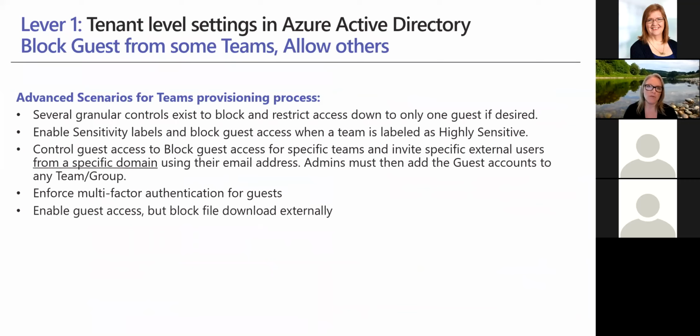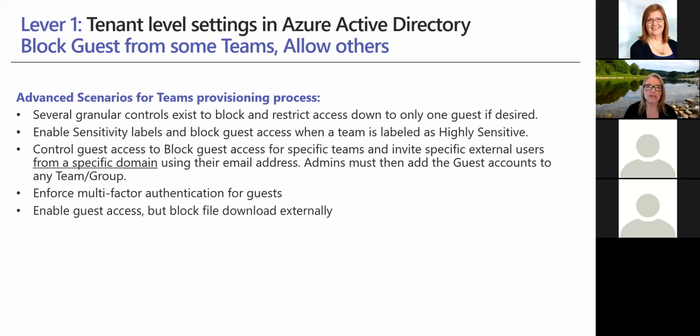Okay, so in lever one, which we're still in Azure Active Directory, we can do some things, which is blocking guests from some teams. So hopefully I'm going to get to the questions that everyone might have in their head, and that you mentioned, Joy, around the scenarios. So you have some granular controls that you can do to block and restrict access. Like I mentioned, from one guest to a domain to an IT managed, or to open it up to all members.